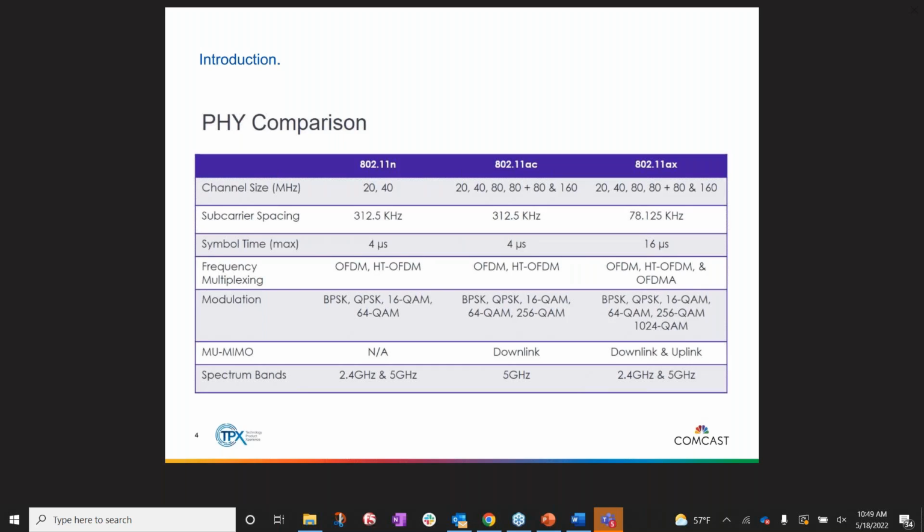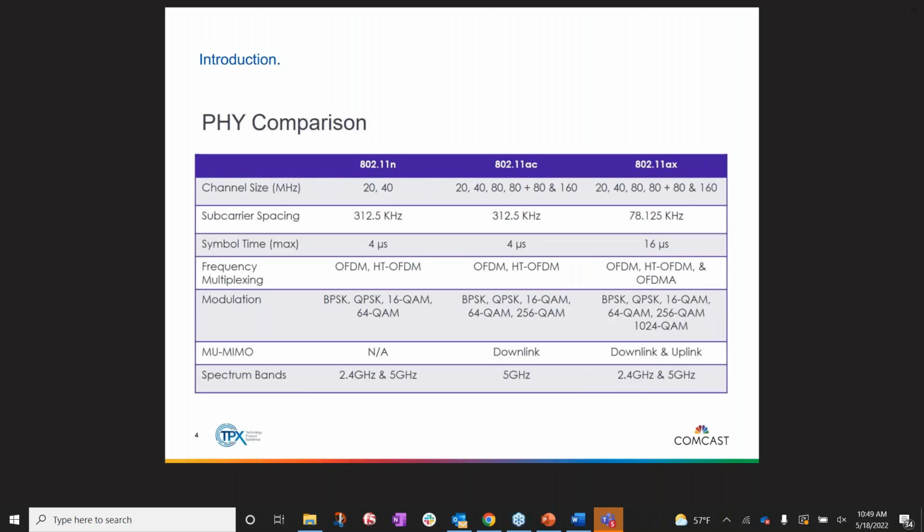And frequency multiplexing is pretty much the same across all the radios other than B. In 11N, we have a new version called high throughput OFDM. The important keynote here is 11AX brought a new standard, OFDMA, orthogonal frequency division multiplexing access. I will talk about it in the next slide.